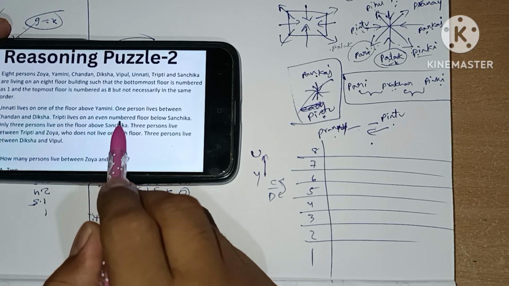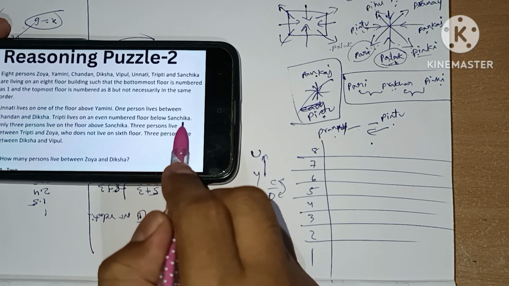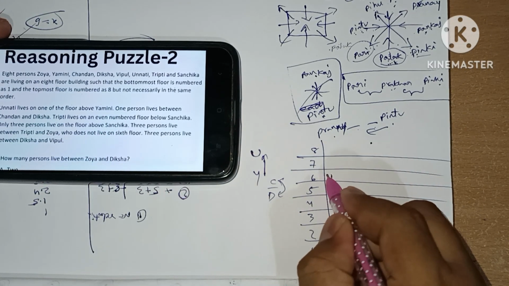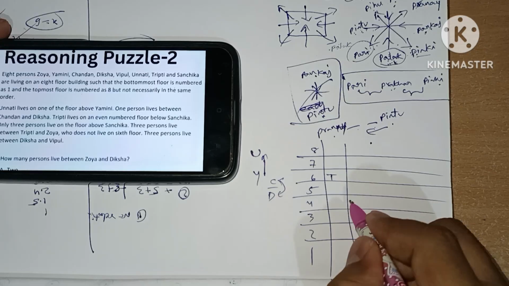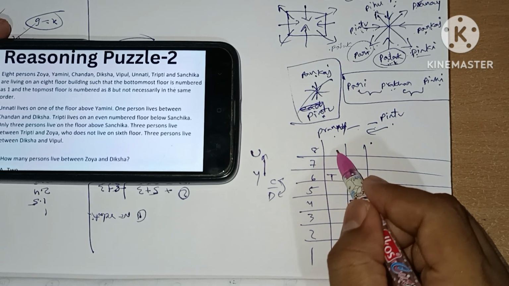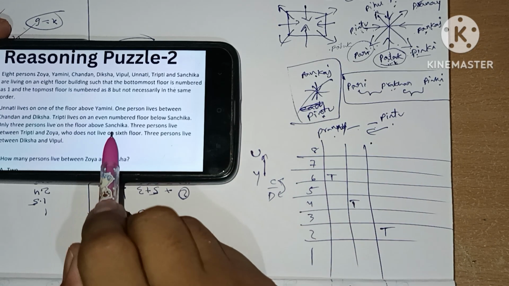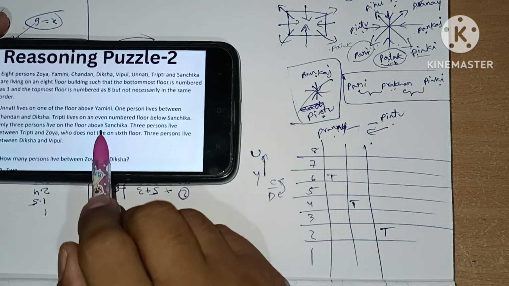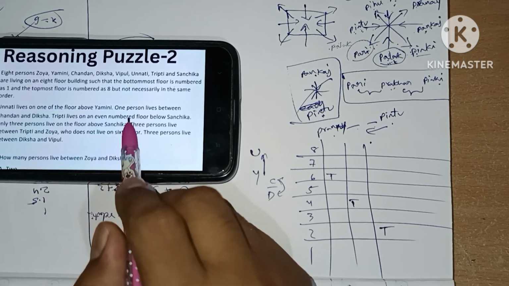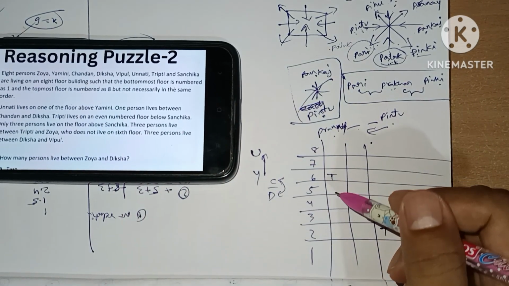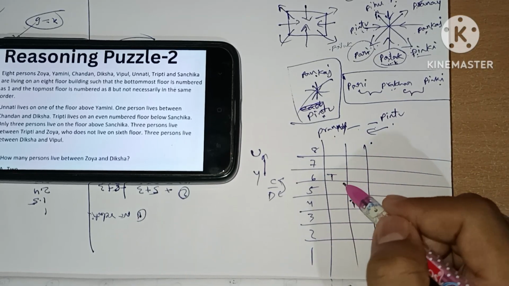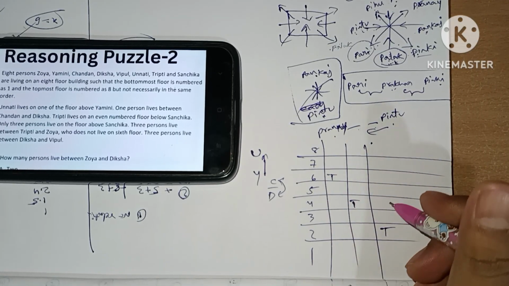Tripti lives on an even-numbered floor below Sanchika. Tripti is on an even-numbered floor, so it must be one of these places. We cannot place her on the 8th floor because Sanchika is above Tripti. So we have two or three possibilities now.